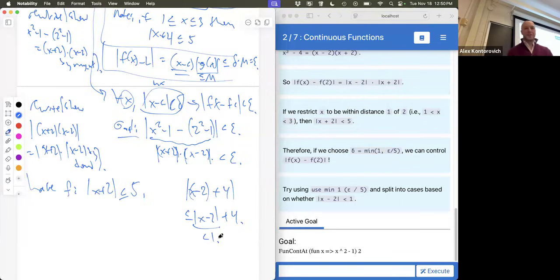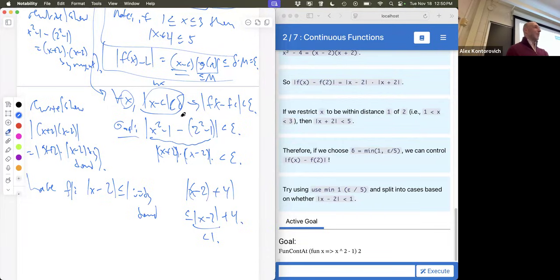I like it. So let's build that up. First of all, let's record that. I think it'll be useful to record that. Let's call this F1: absolute value of x minus 2 is less than or equal to 1. I think bound should be able to do it, since we know that x minus 2 is less than the minimum of 1 and epsilon over 5.